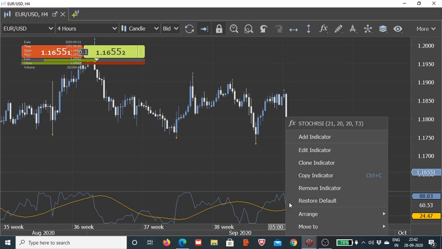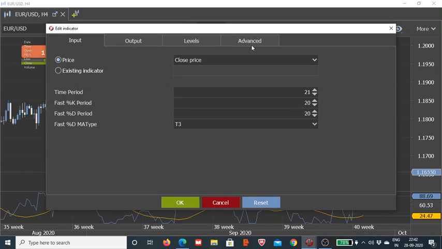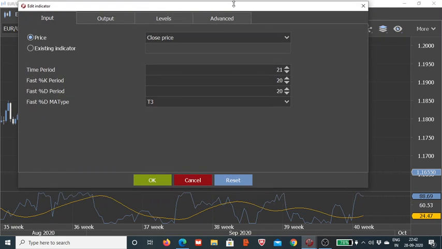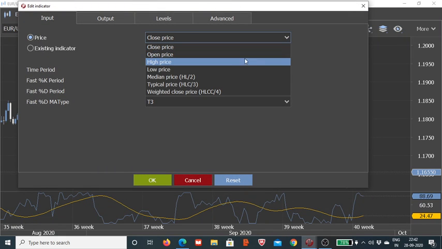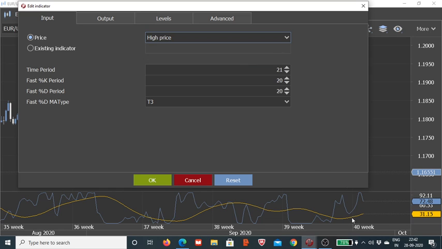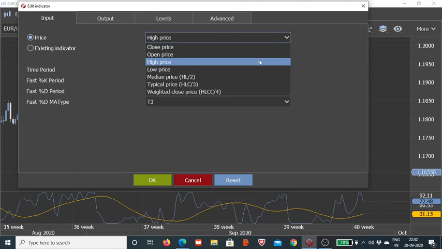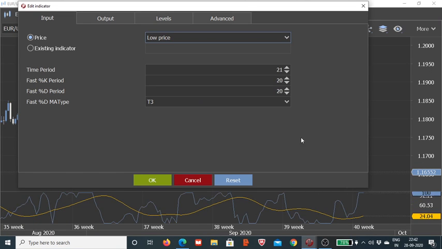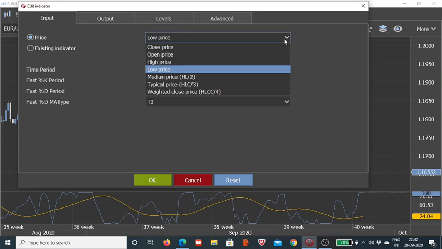Here I will show you, and it will be visible to you. Suppose I change it to high value. You can see the change in plotting of the stochastic RSI. Low price, we have a different version.